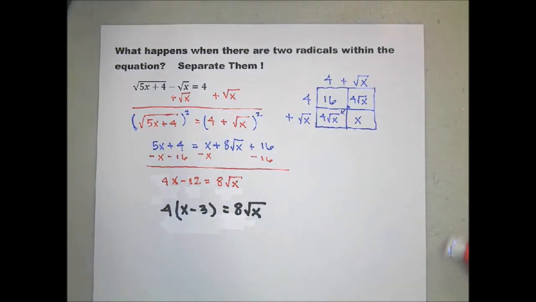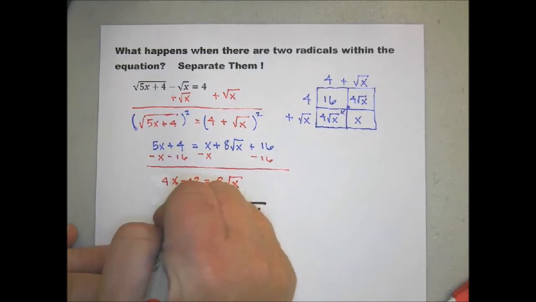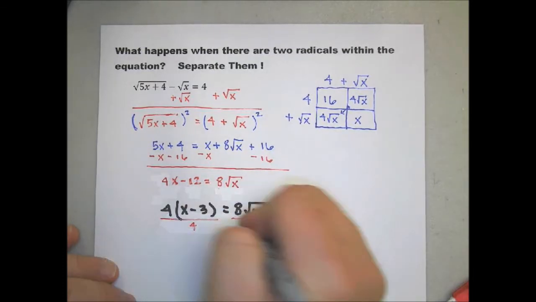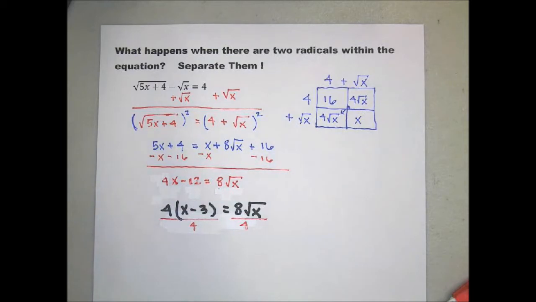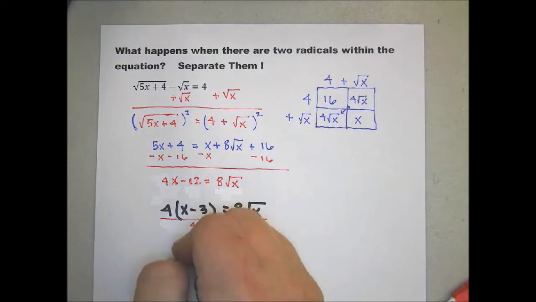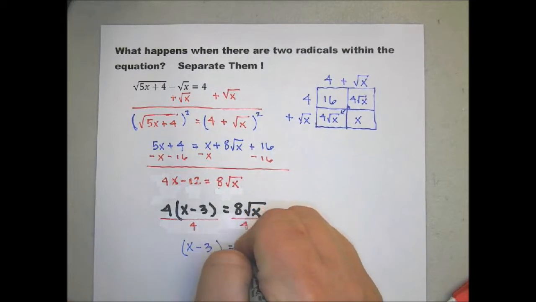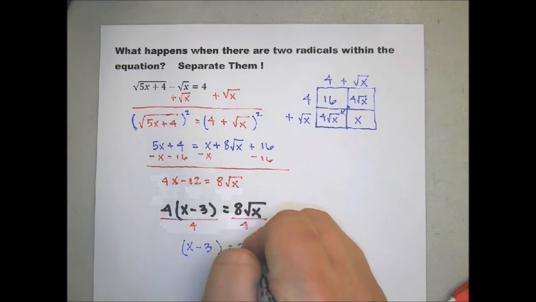Now, the next thing I can do is get rid of that 4 because it's a leading coefficient. I can divide both sides by 4. And I'm left with x minus 3 on the left-hand side equals, that's an outside 8, and that's an outside 4, so they can reduce. So this would be 2 square root x.